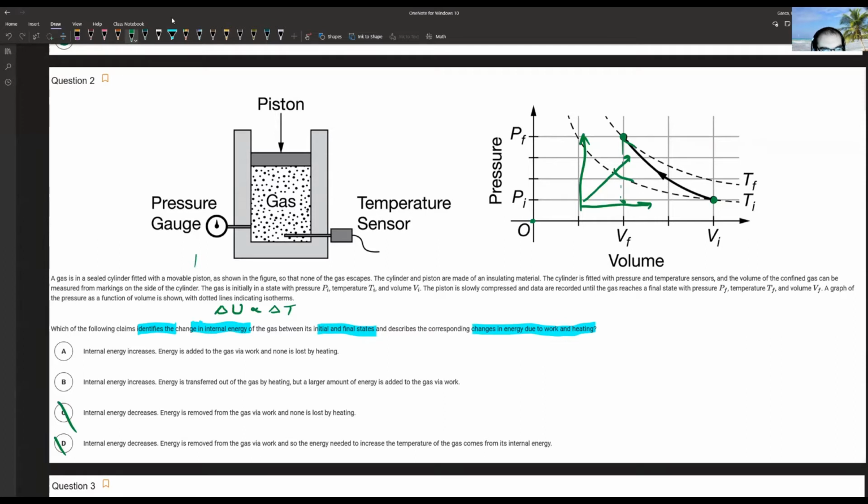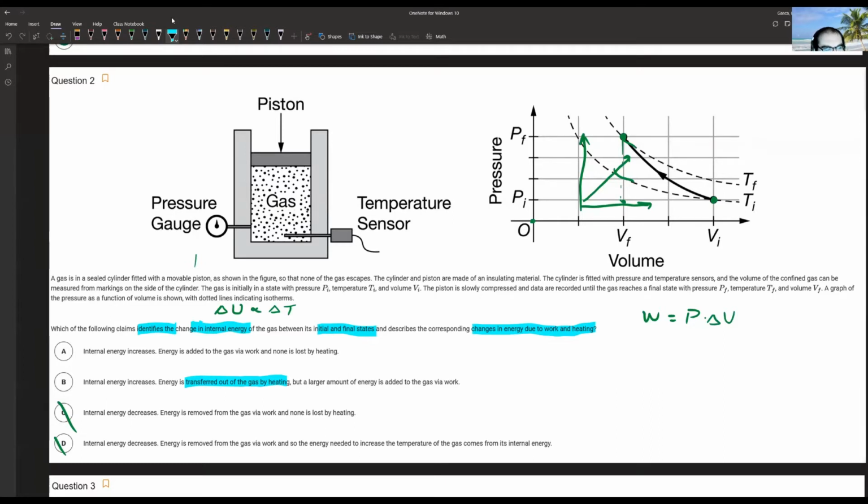Now, the important thing here is, well, how do we compare these two quantities? Because we've learned that work is P times delta V, and they're telling us that the energy is transferred out by heating, and a larger amount is added by work. So how do we know if these two quantities are actually as they say here?